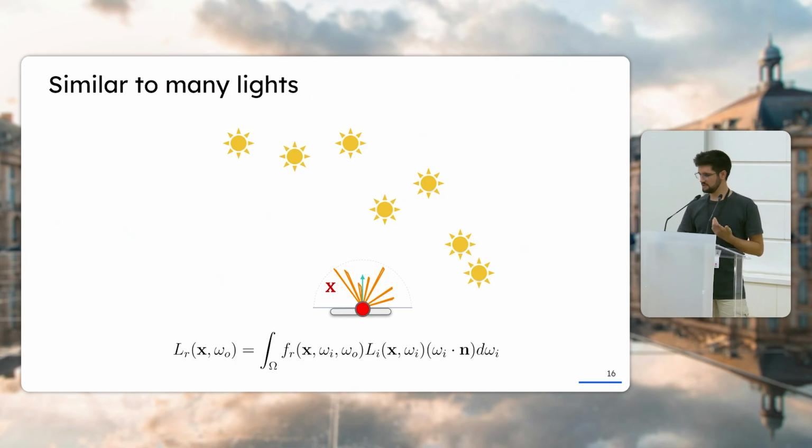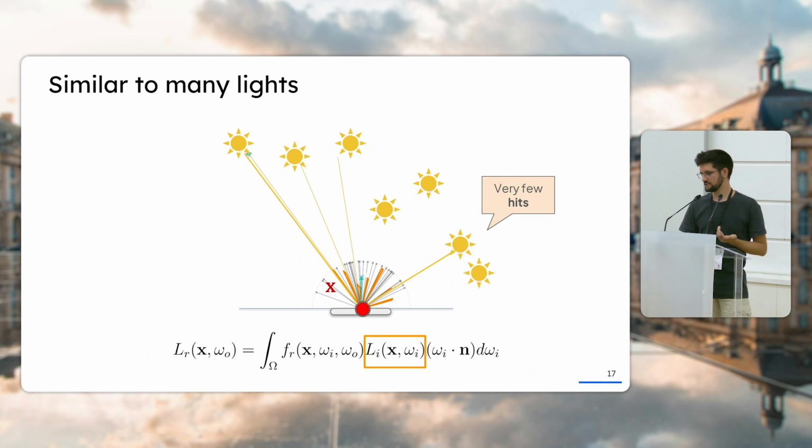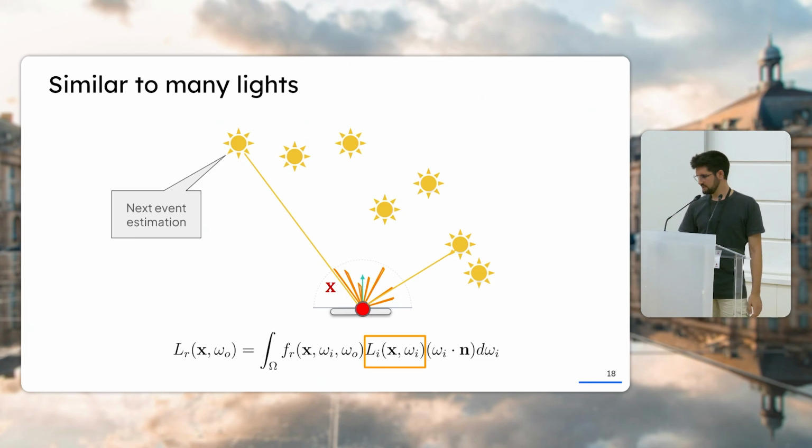And this problem is very similar to some other cases in rendering, such as scenes with very many small lights, where the solid angle sampling is also not ideal. And randomly sampling directions would be very bad as well. And this is because the incident light field at the point is very high frequency, angularly. And this is solved by doing next event estimation, which directly samples the emitters, of course.